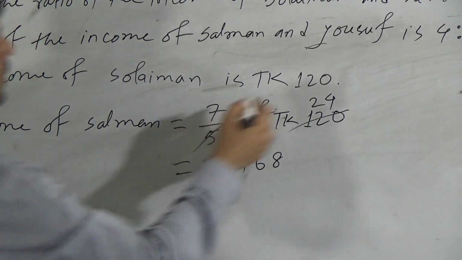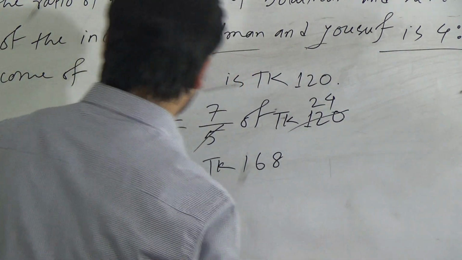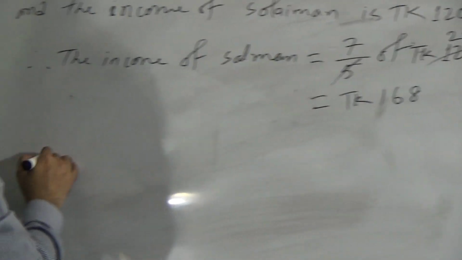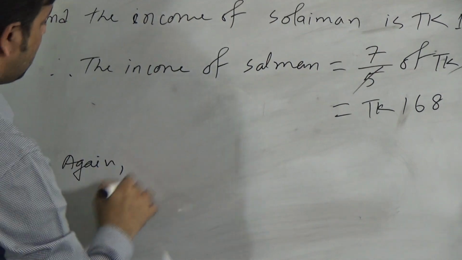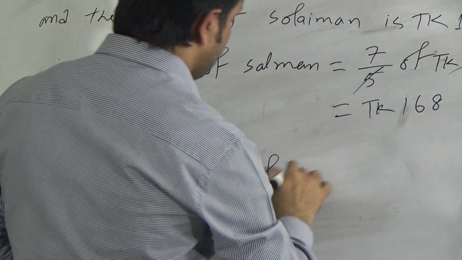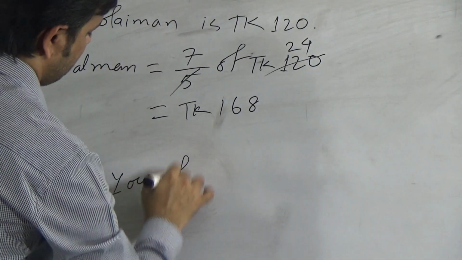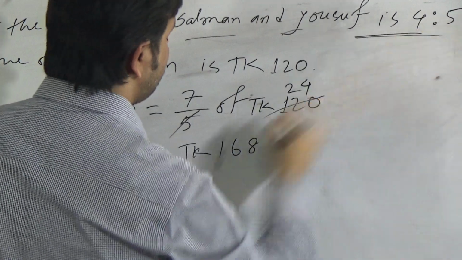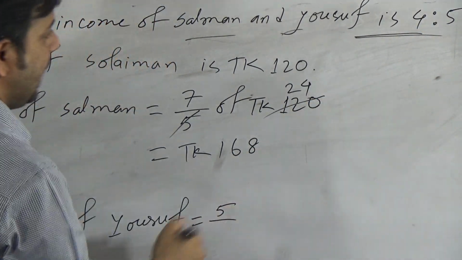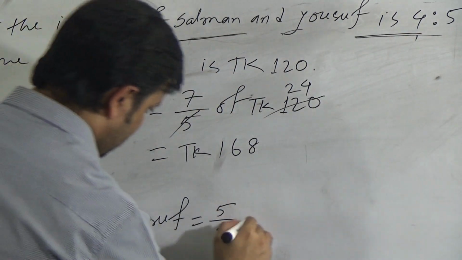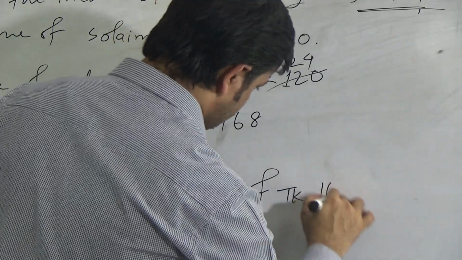Now we can compare Salman and Yusuf, and we can determine the amount of Yusuf. So again we can write the income of Yusuf. That will be equal to, as we need to determine Yusuf, we write Yusuf in the numerator and Salman is given, so we write the quantity of Salman in the denominator, of the total amount of Salman, that is 168.